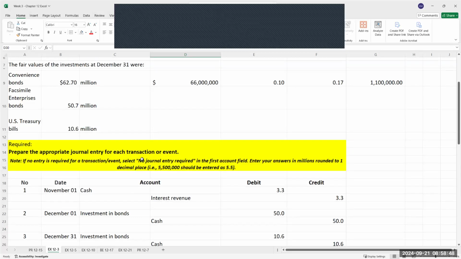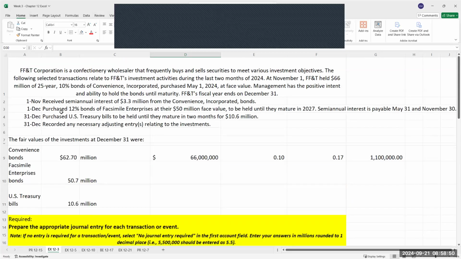Next, we need to factor in our fast mill bonds. It says here for our fast mill bonds that we purchased these 12% bonds at their $50 million face value to be held until they mature. Interest is payable May 31st and December 30th.